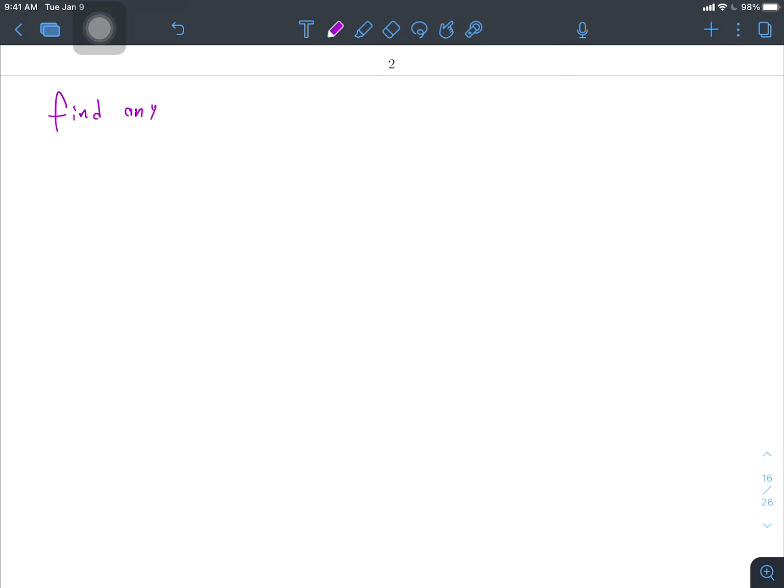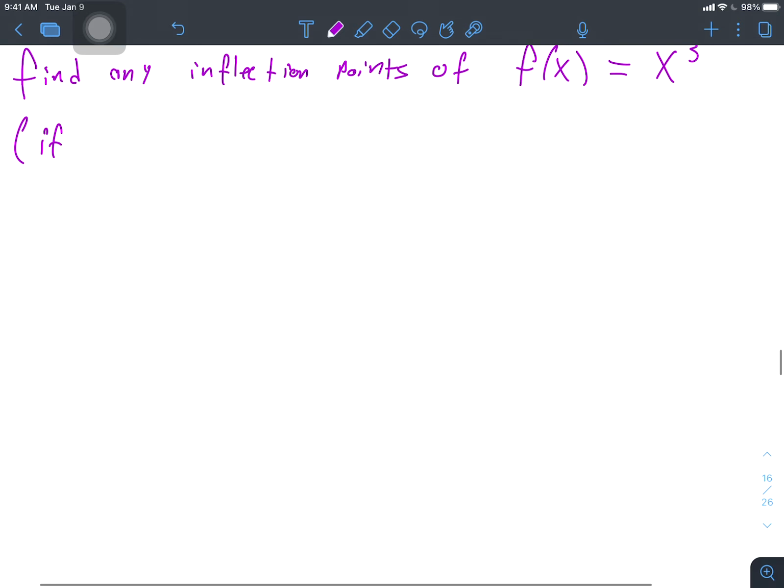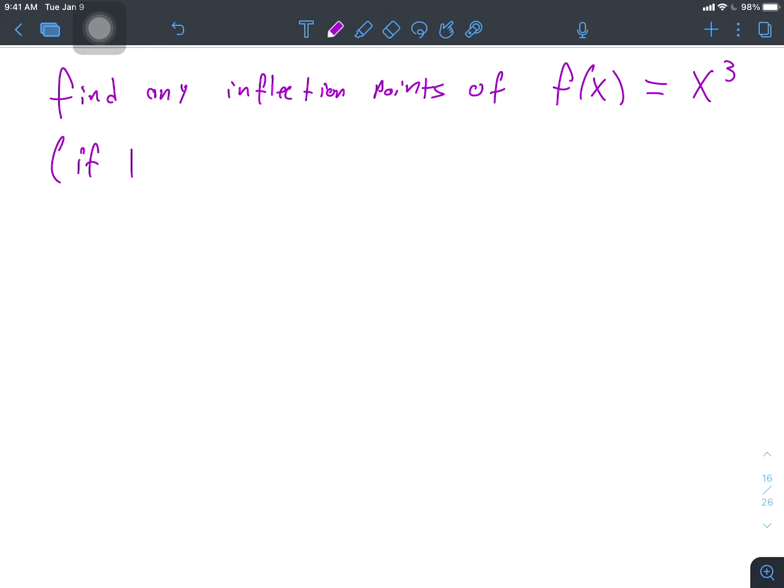So let's find any inflection points of the function f of x equals x cubed. And oftentimes on these problems you'll see a caveat. They'll say if any exist. Okay, because it's possible for a function to not have inflection points.